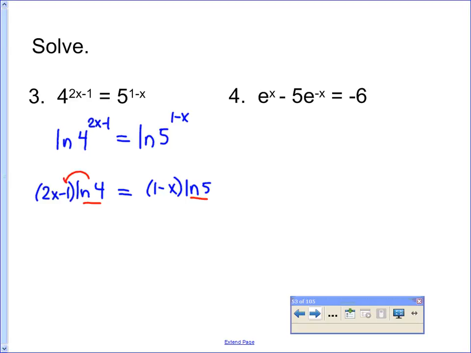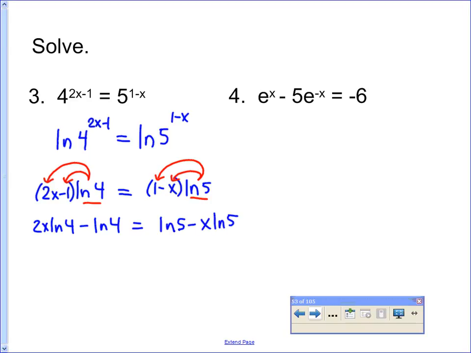So that's going to be distributed just like we distribute a 4 if it were there, here and here. And once we do that, we end up with 2x times the natural log of 4 minus natural log of 4 is equal to natural log of 5 minus x times the natural log of 5.